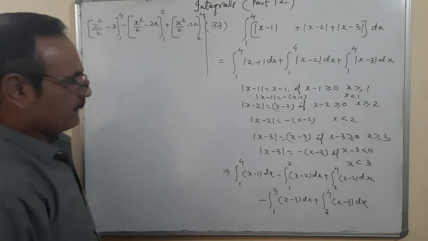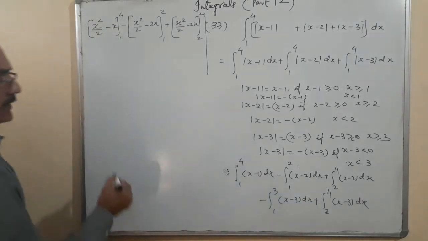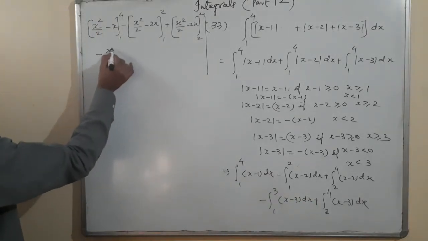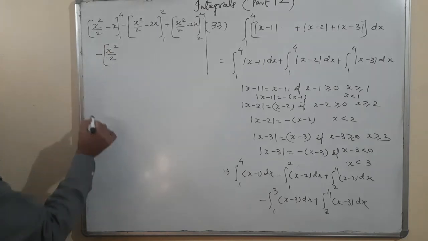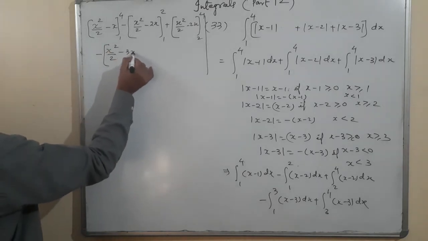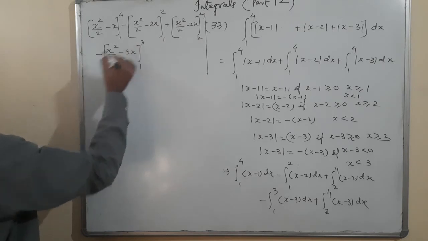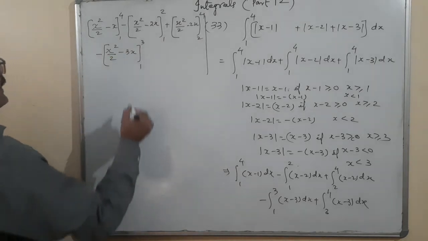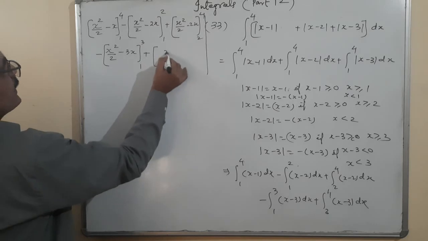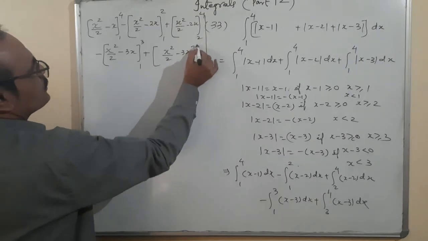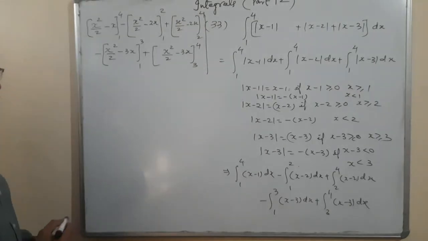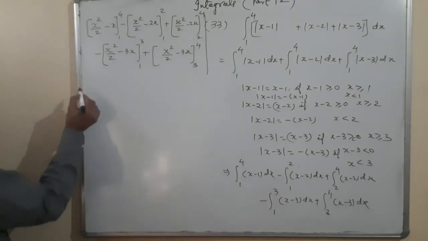Okay, minus x square upon 2 minus 3x, limit 1 to 3. Okay, and plus x square upon 2 minus 3x, limit 3 to 4. Okay, these are the terms.